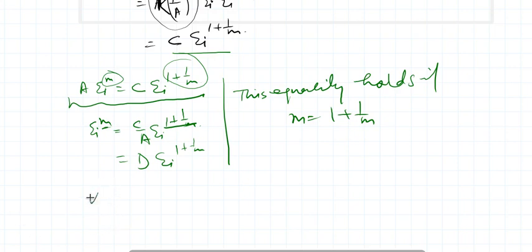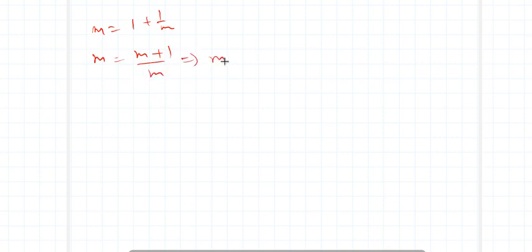So m is equal to 1 plus 1 over m. It is m squared equal to m plus 1, which implies m squared minus m minus 1 is equal to 0.